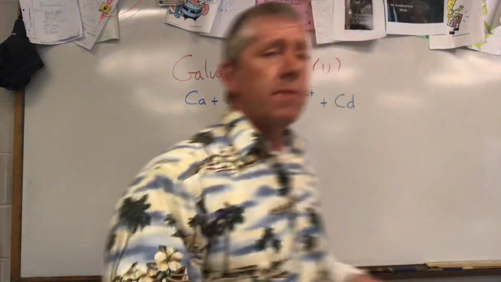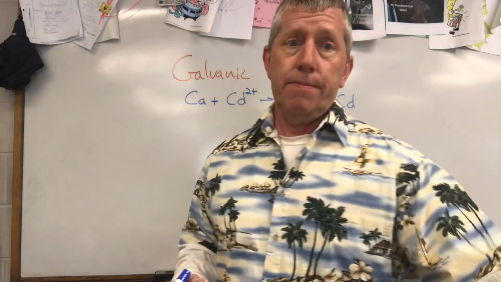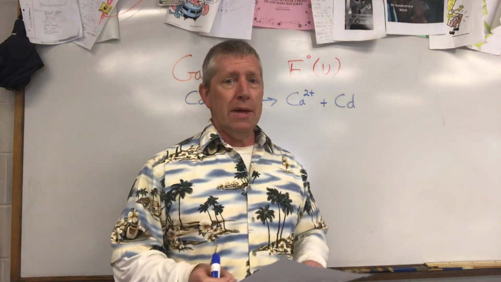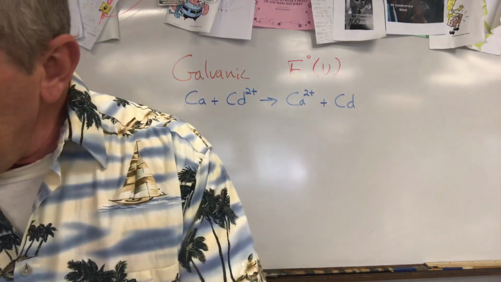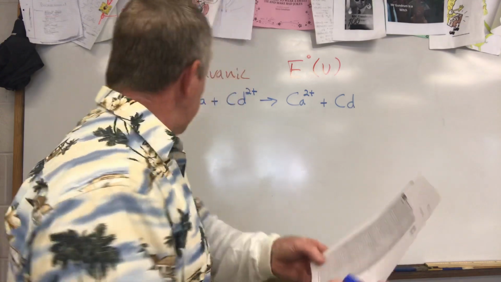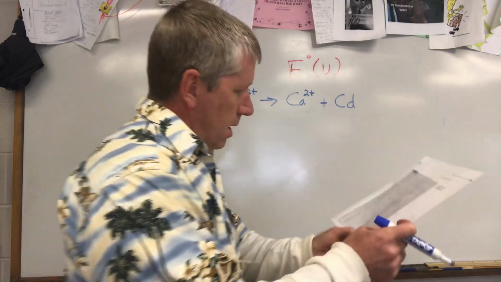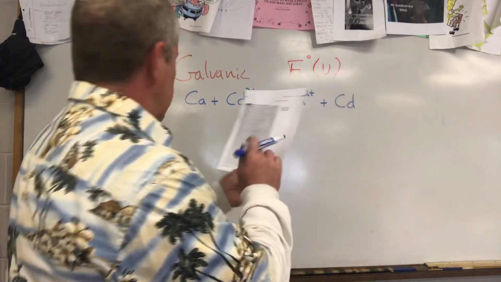And actually, you could figure out whether or not this is written correctly by using the chart and not doing any math. I'm not going to do that first. I'm going to do the math first. So let's see, what are the values here? Calcium, okay, calcium 2 positive goes to calcium.